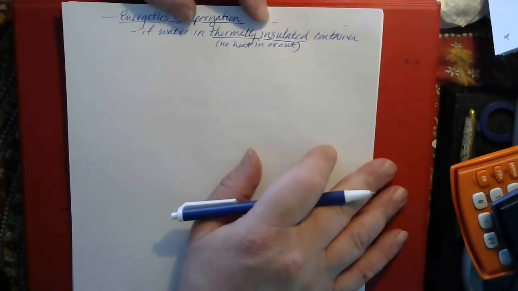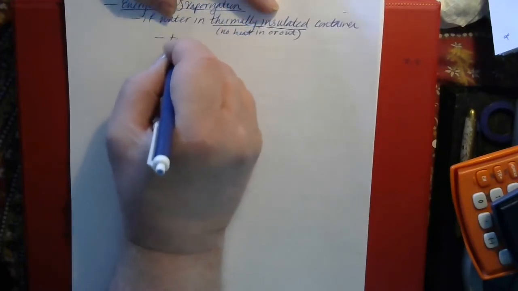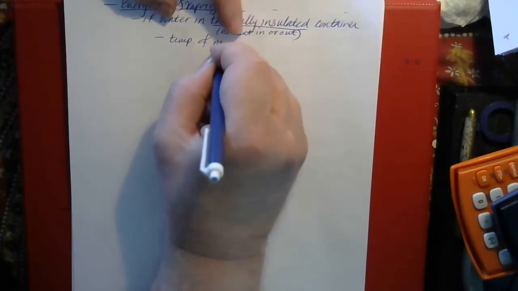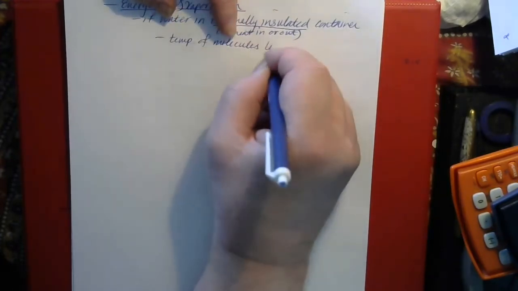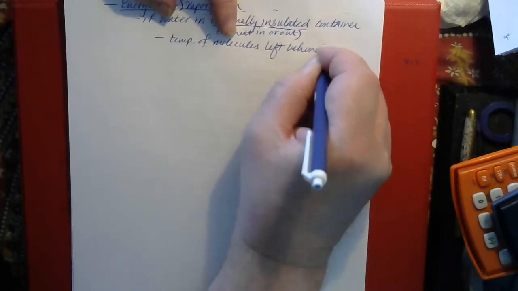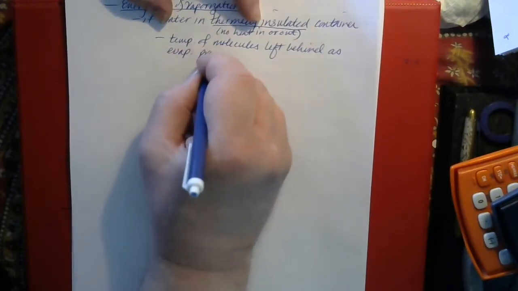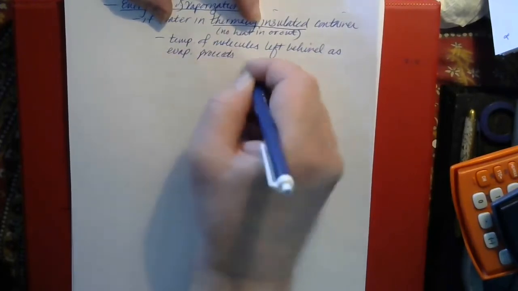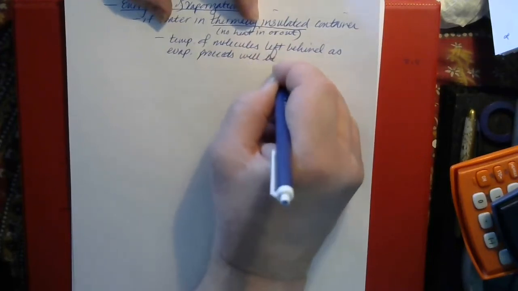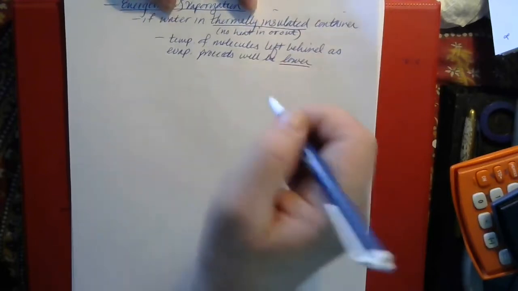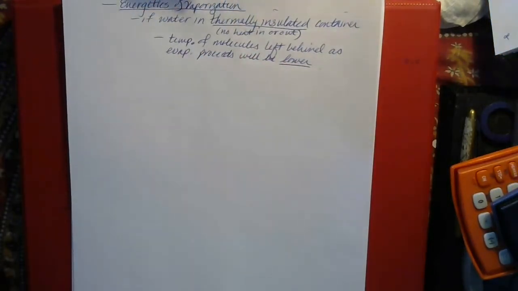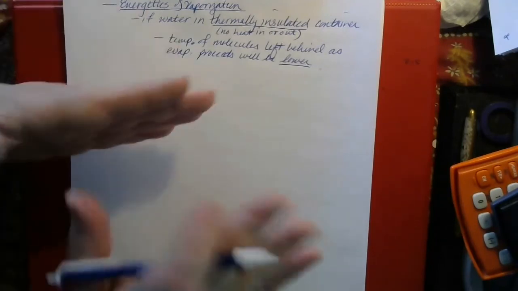So let's see, if water's in a thermally insulated container, what that means is the temperature of the molecules left behind will decrease as evaporation proceeds. And that makes sense when you think about it, because the molecules that evaporate are the highest energy molecules.